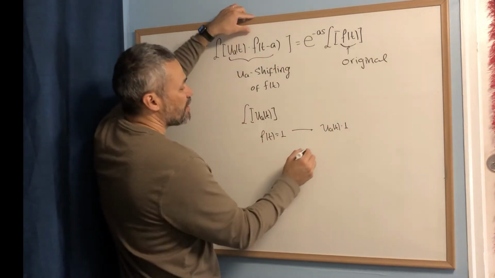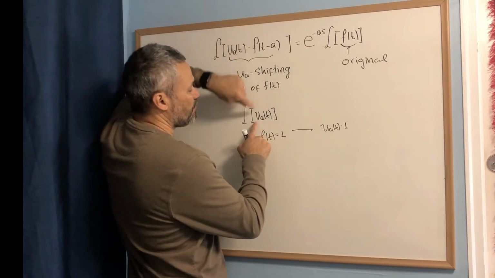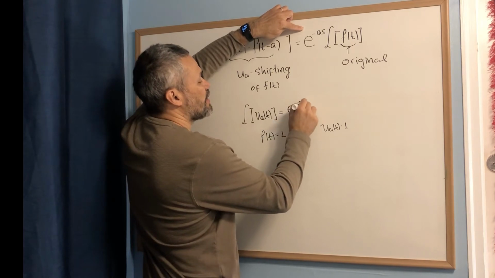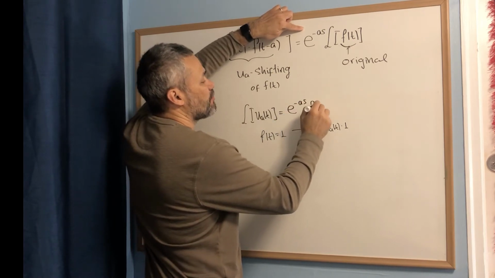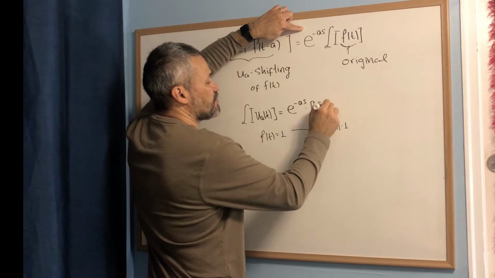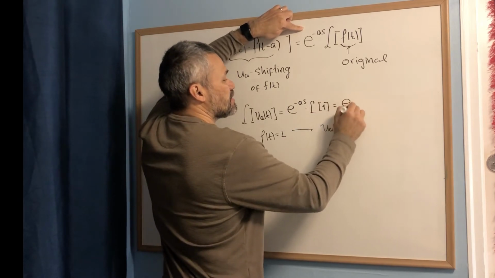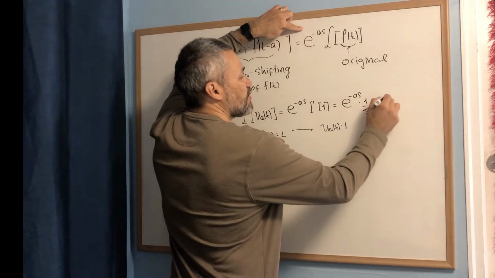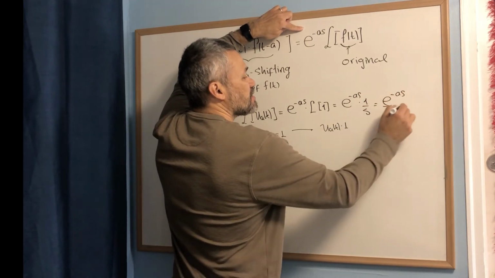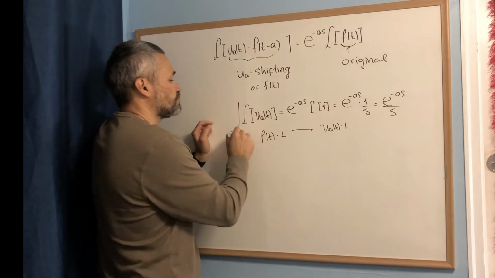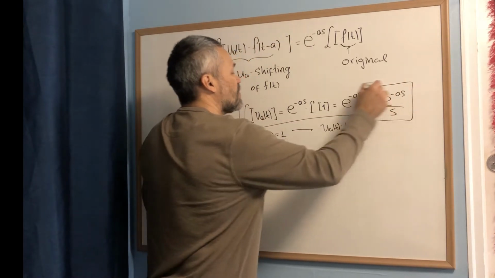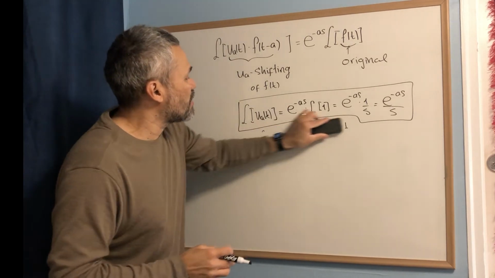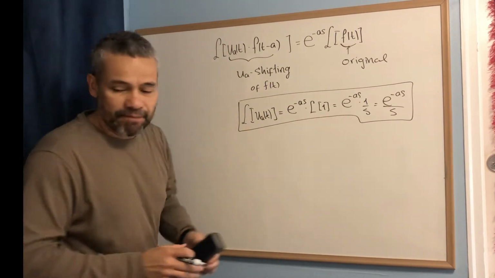Then this formula says that the Laplace transform of UA of t is equal to e to the negative as Laplace transform of the original, but the original is this function, and we already know that the Laplace transform of 1 is 1 over s, and we get e to the negative as over s. This is something that we already knew, but we are doing it using this formula.